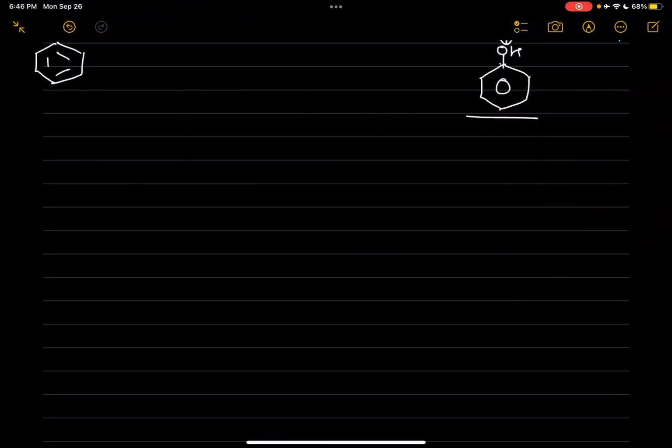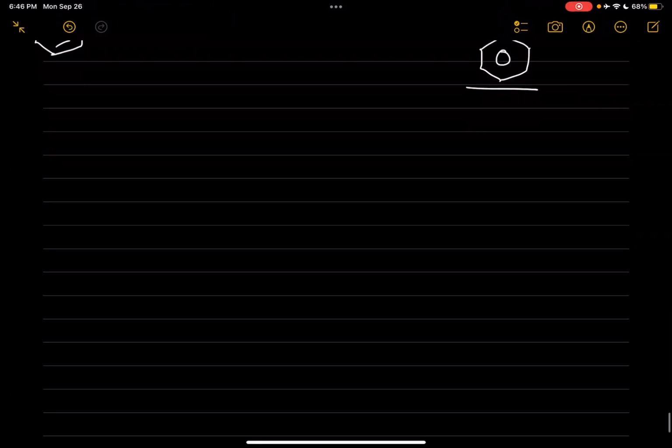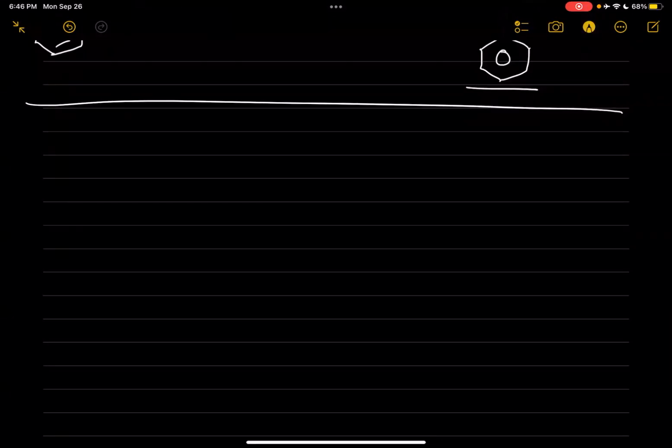Now let's talk about the physical properties of the alcohol. So can you compare the boiling point, physical and chemical properties? Sir, boiling point is higher in alcohols, right?